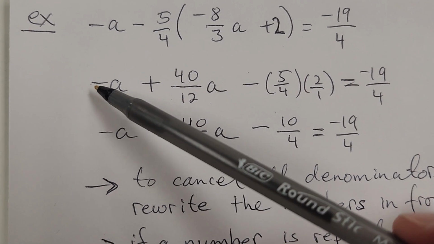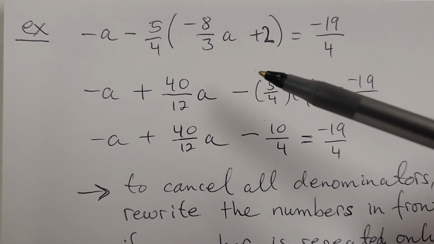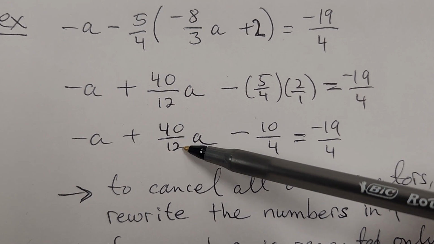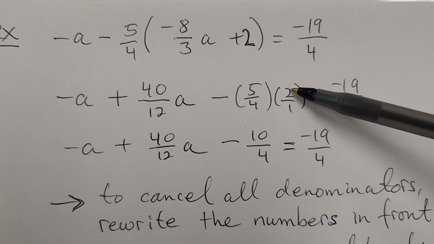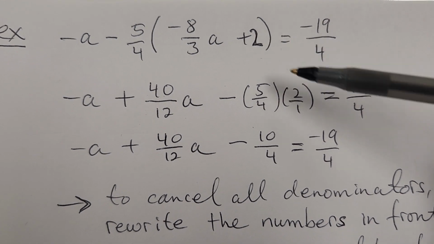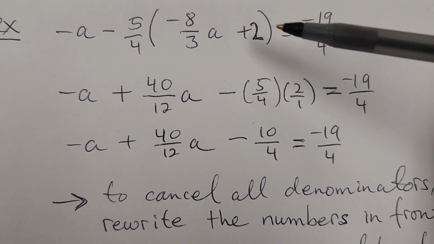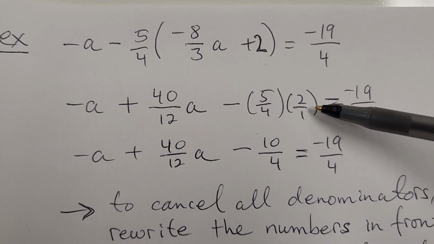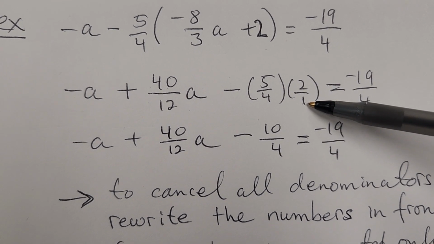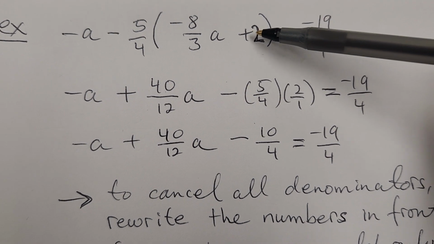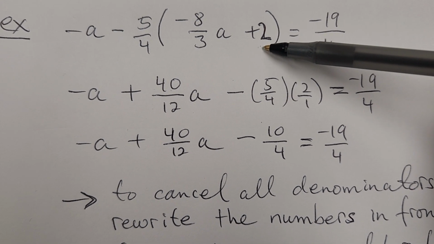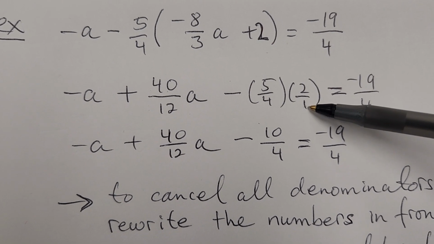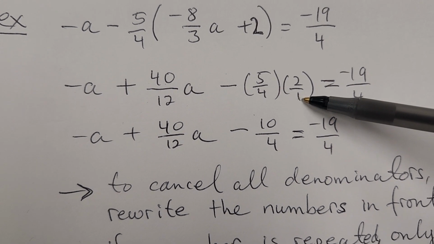Okay, so I haven't done anything to this negative a, bring it down. Again, I haven't done anything to this, bring it down. Here, I changed 2 over to 1 is because 2 doesn't have a number in the bottom, but I can rewrite it as 2 over 1. Again, if a number doesn't have a denominator, you can write it as a 1 underneath.